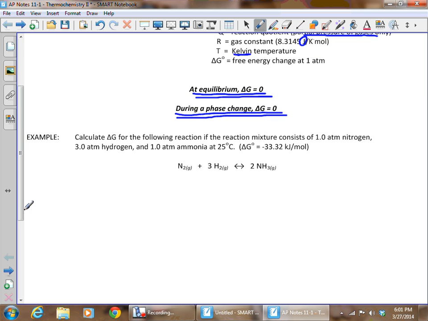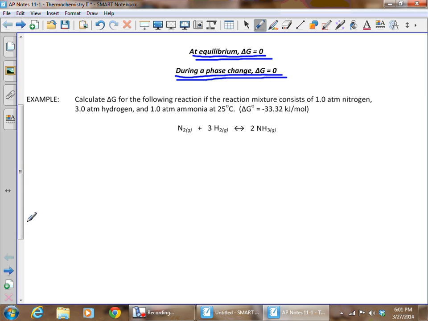So let's look at our examples. First thing it asks us to do is to calculate delta G for the following reaction if the reaction mixture consists of 1 atmosphere of nitrogen, 3 atmospheres of hydrogen, and 1 atmosphere of ammonia at 25 degrees Celsius. And it gives us delta G naught at negative 33.32 kilojoules per mole.